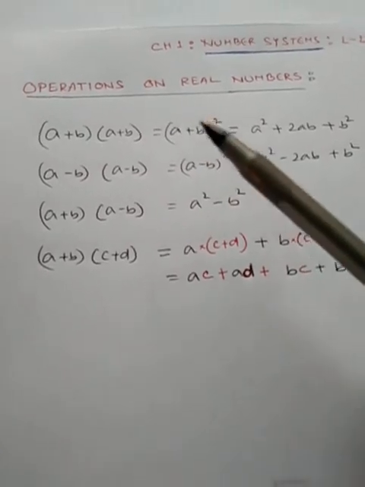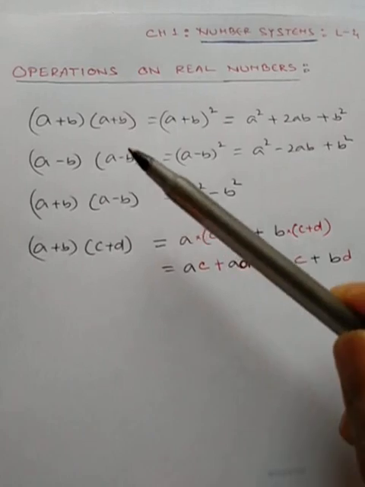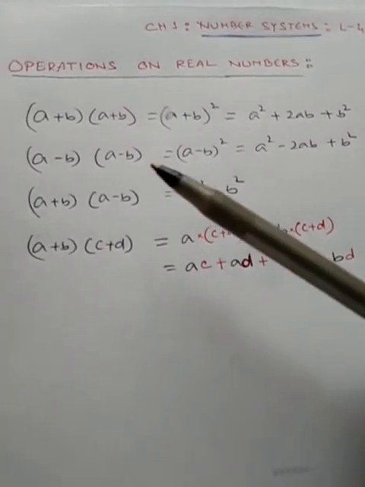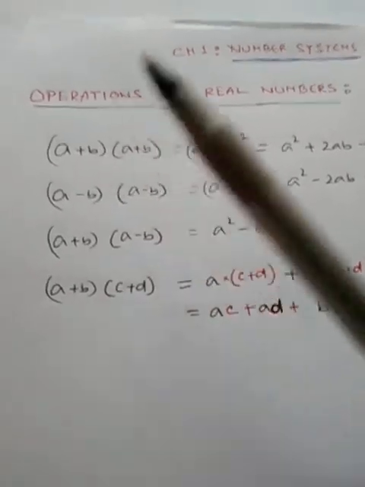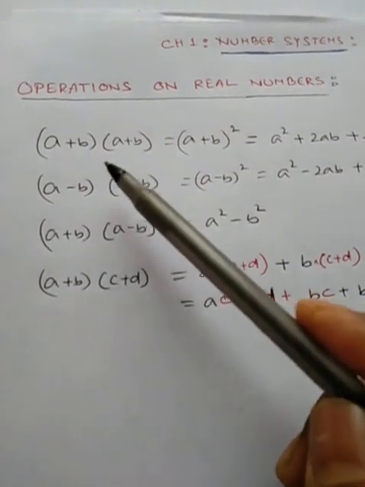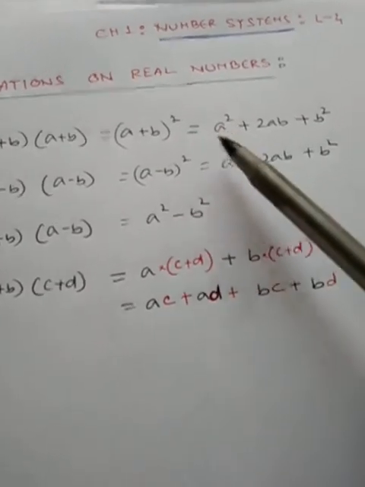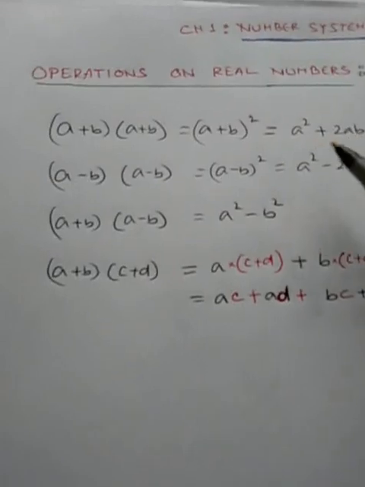Now to use these different operations we need to know these identities, because for both rational and irrational numbers we need to use them. First of all, if there are two terms, a plus b into a plus b, then we can write this as a plus b whole square, where we use the identity we already know: a square plus 2ab plus b square.